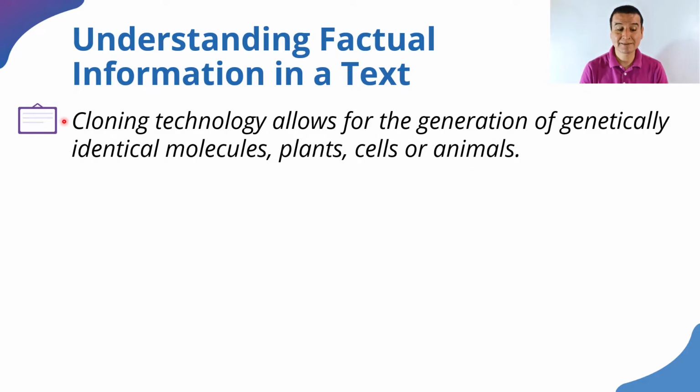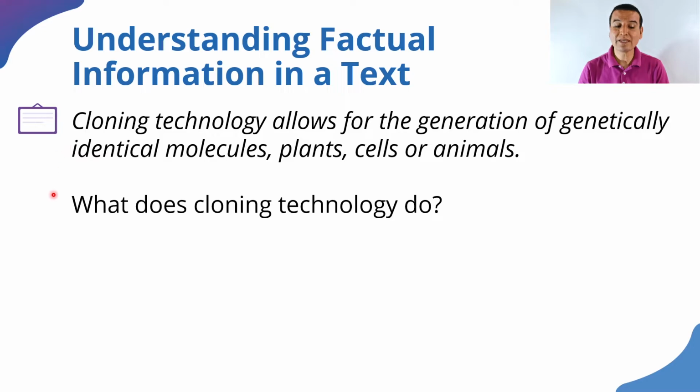All right? It says, cloning technology allows for the generation of genetically identical molecules, plants, cells, or animals. All right? So, because we have that text there, cloning technology allows for, we have an action verb there, we can ask this question.